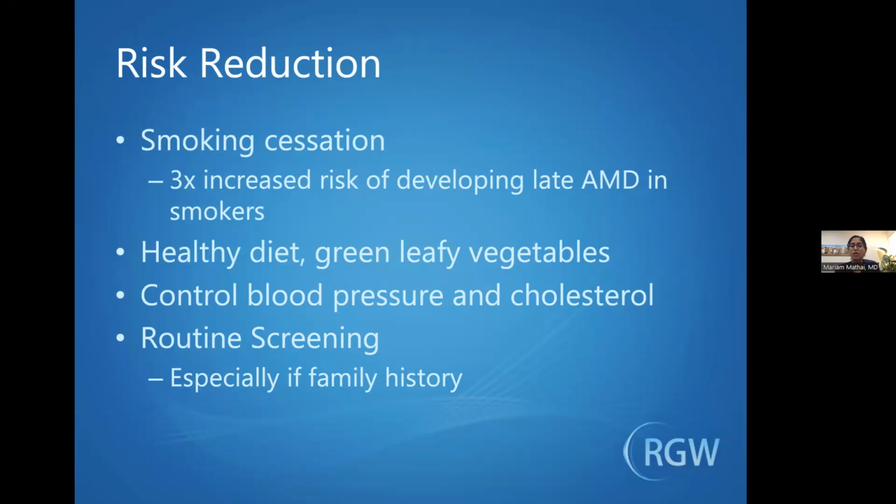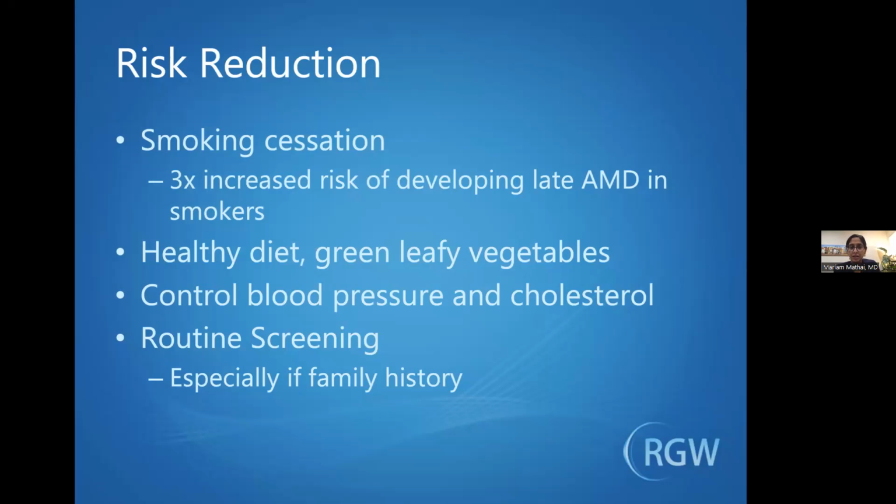Other things that can reduce your risk include maintaining a healthy diet. Leafy green vegetables are excellent for your eyes, and specifically for age-related macular degeneration. Any vegetable that is high in folate. So we talk about kale, we talk about spinach. All of that is beneficial for the eye.